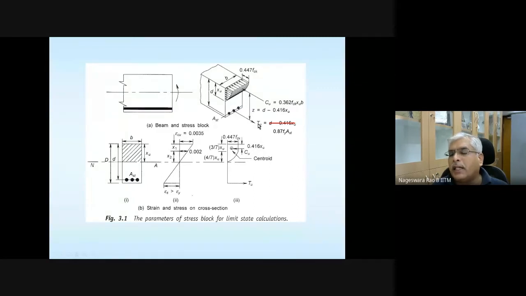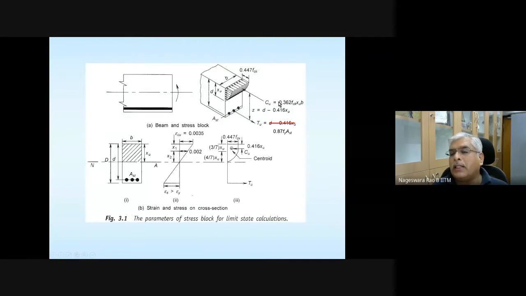T is the resultant tensile force, which is going to be 0.87 Fy times area of steel, and resultant compressive force is 0.362 fck xu b.